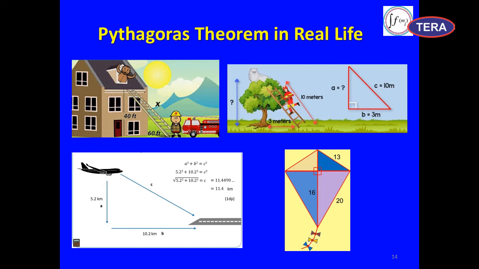For this aeroplane landing, what is the distance c to be traveled up to the runway when the height is 5.2 kilometers and the horizontal distance to the runway is 10.2 kilometers? So these are real life situations, real life problems.